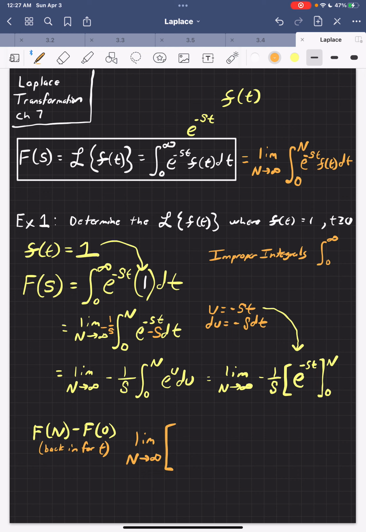So this would be negative e to the negative sn over s. Okay, so all I've done is distribute that 1 over s, and I inserted an n here for t.